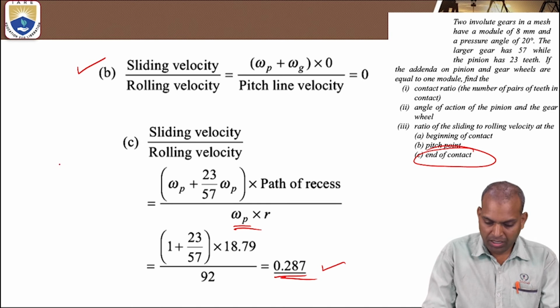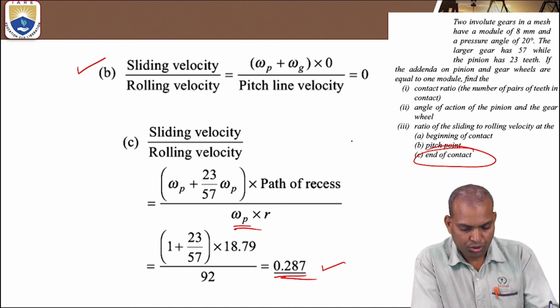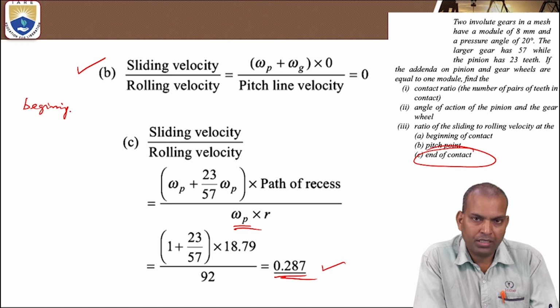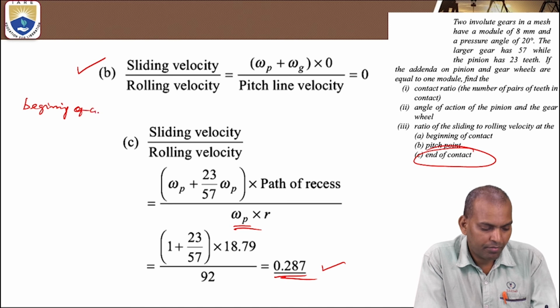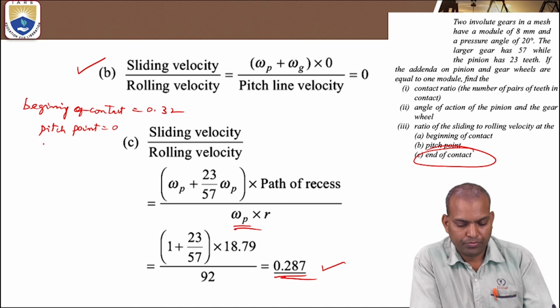So at the beginning of contact, the ratio is 0.32. At the pitch point, it is 0.